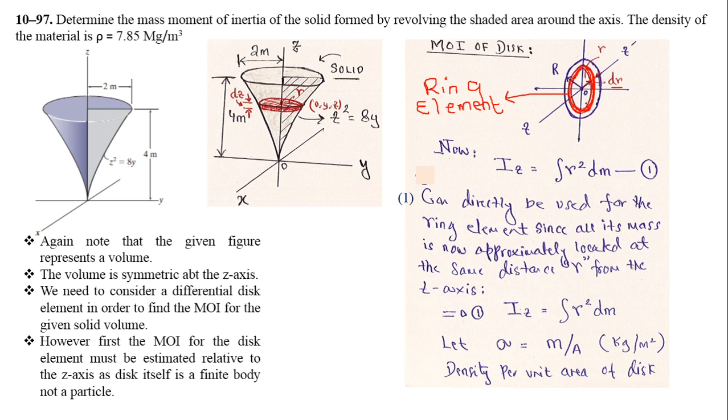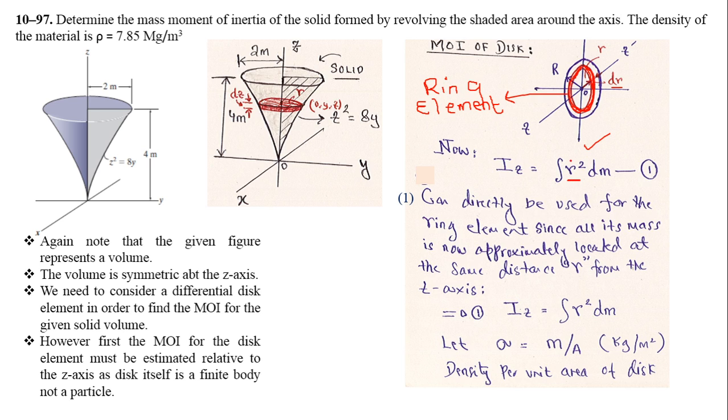Okay, now when this condition is satisfied, I can use this formula to calculate the moment of inertia, because in this formula we have very clearly mentioned that this r is a fixed distance.